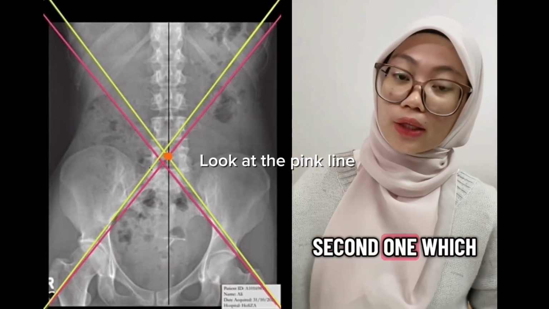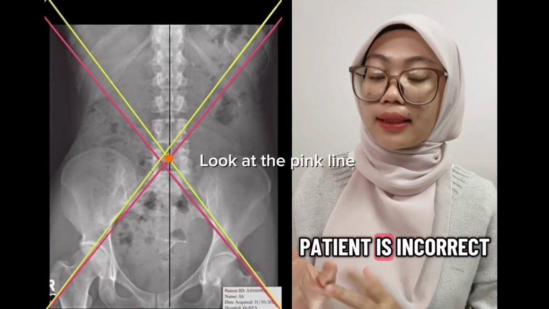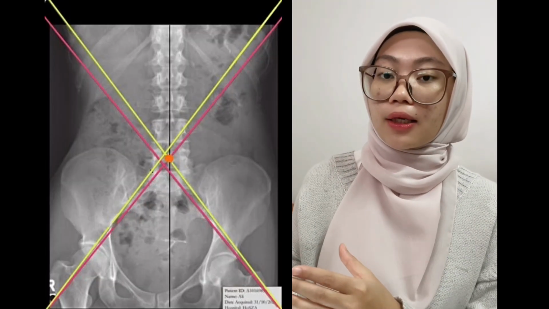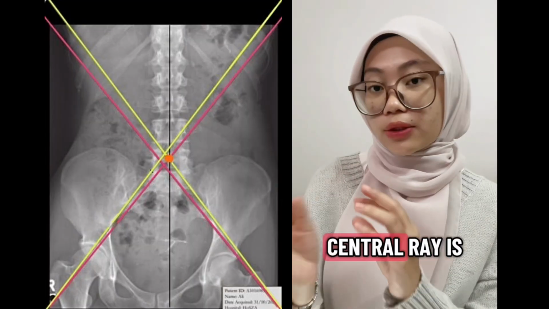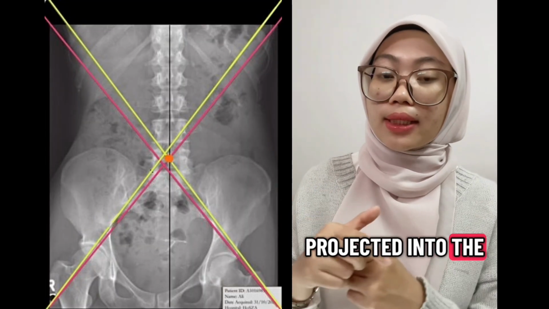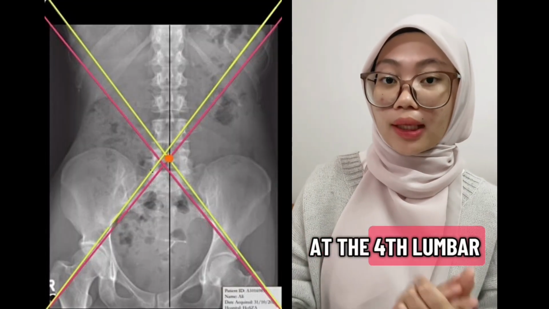And the second one, the alignment between the X-ray tube and the patient, is incorrect, because the central ray is not projected into the center of the centering point, which is at the level of the lumbar.